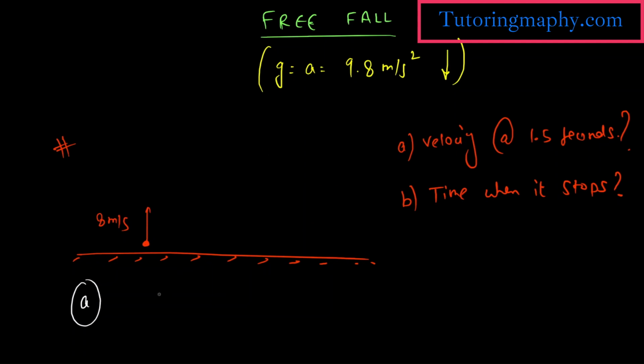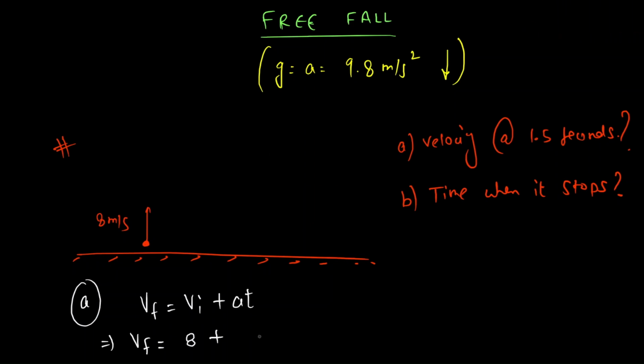I'm interested in hearing which equation you used first off. I heard that you used v final as v initial plus a t. You said you're finding v final. What is v initial? 8 meters per second, plus 9.8 times 1.5. No. Really?